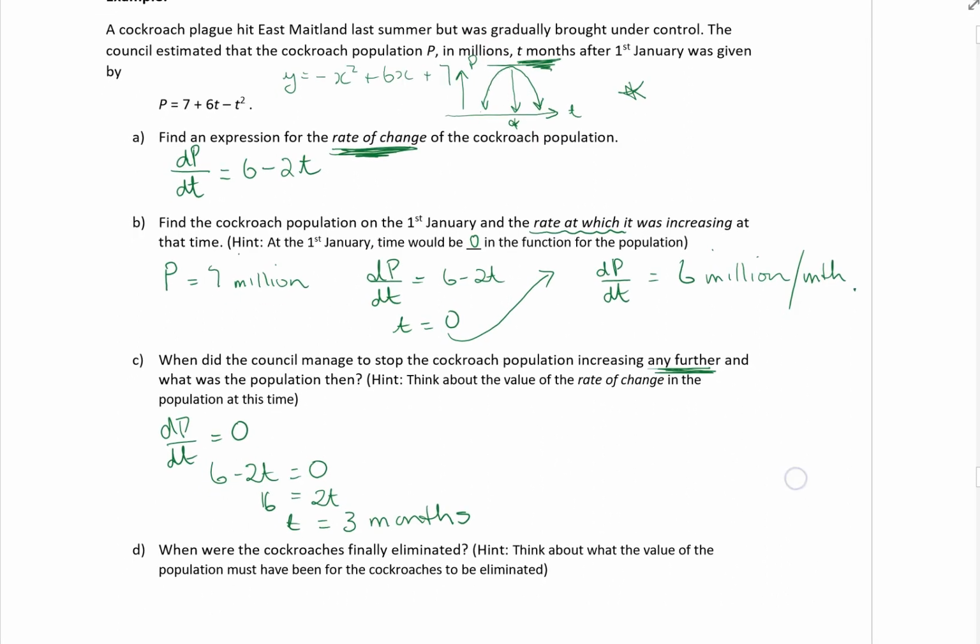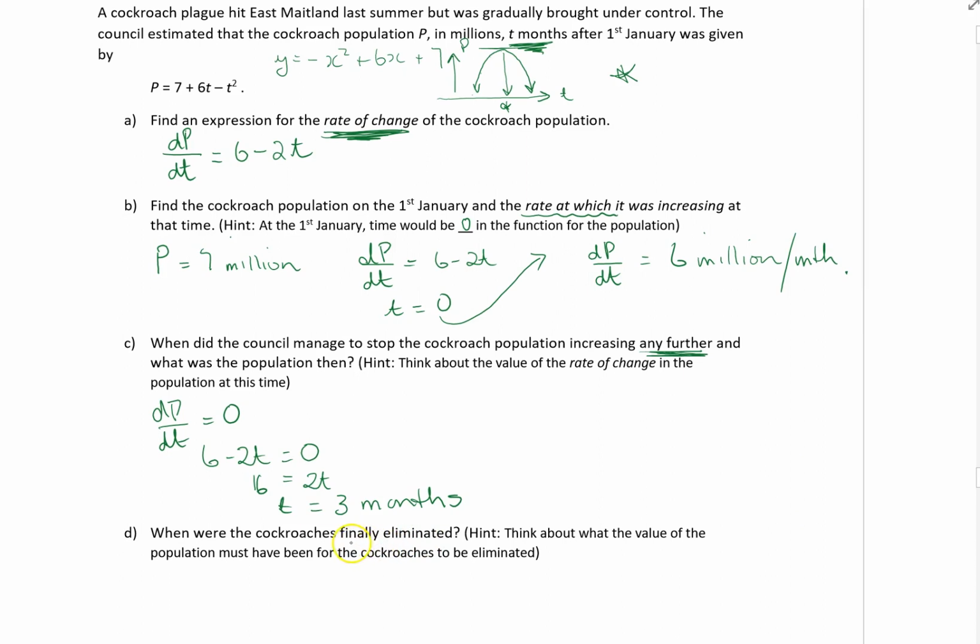When were the cockroaches finally eliminated? Well, what does that mean? If they're finally eliminated, how many cockroaches are there? I think P's got to be 0. And we've got to find when P was 0. So what do we know about P?